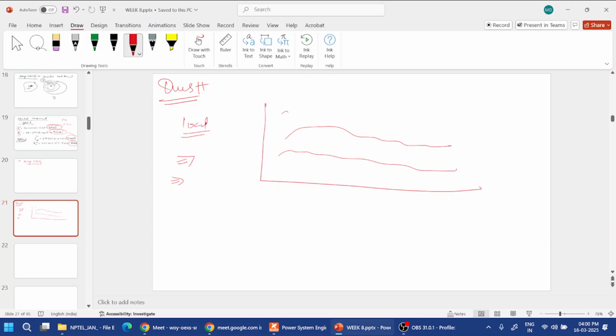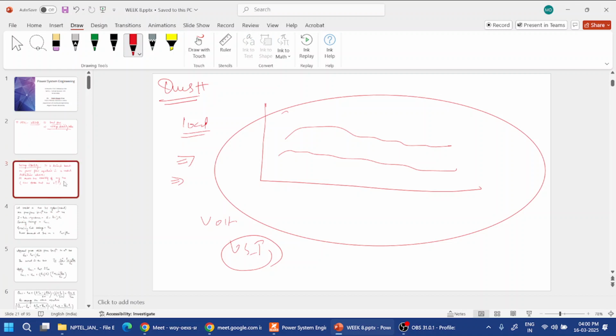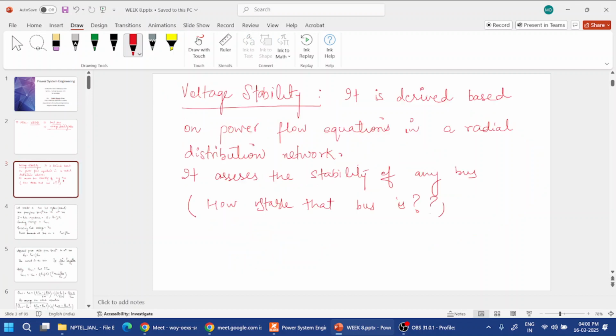Okay, it deteriorates. And the voltage stability index shows how stable your system is. I said in the start that it shows the stability of any node. If the overall voltage profile of a system is deteriorated, then the VSI of that system will become worse. Okay, am I clear to you? Yeah. And the VSI also assesses the stability of any bus, meaning how stable that bus is.